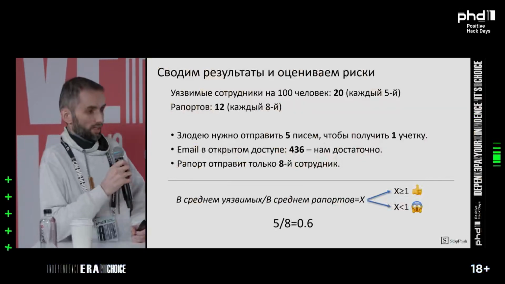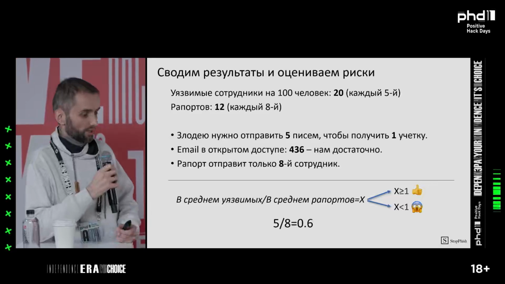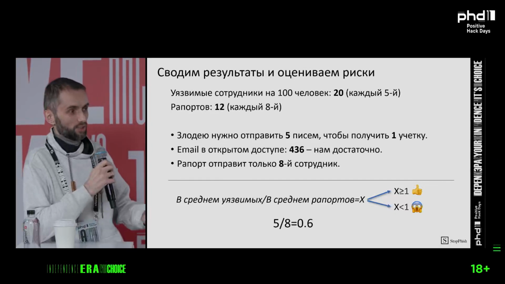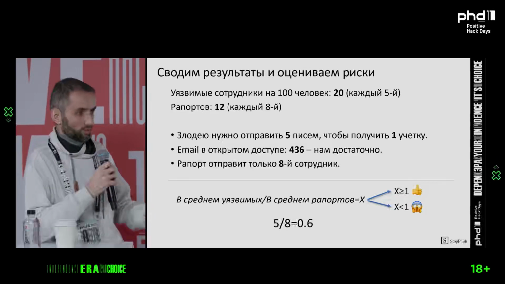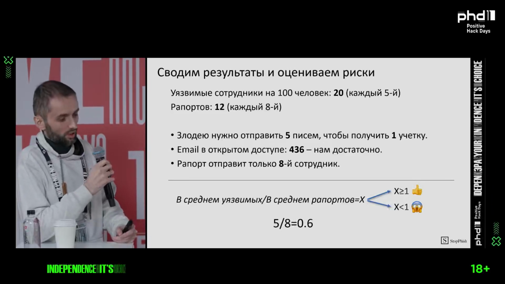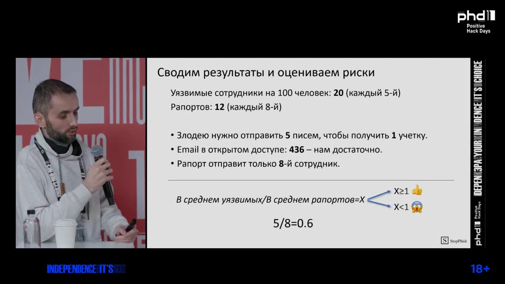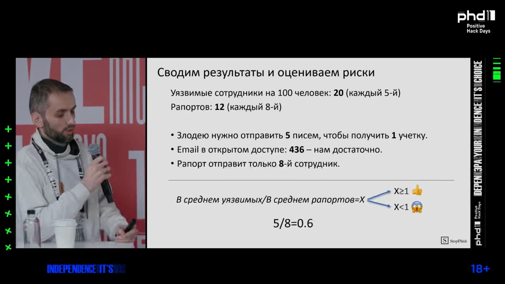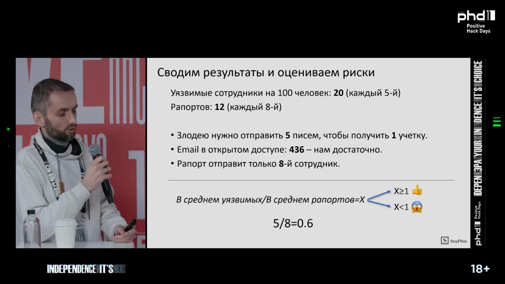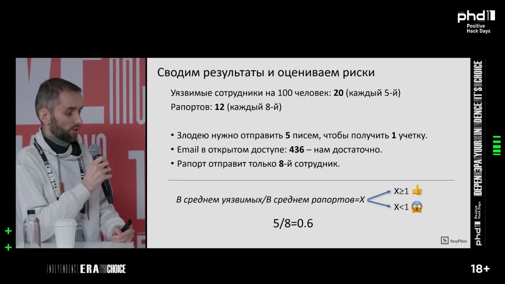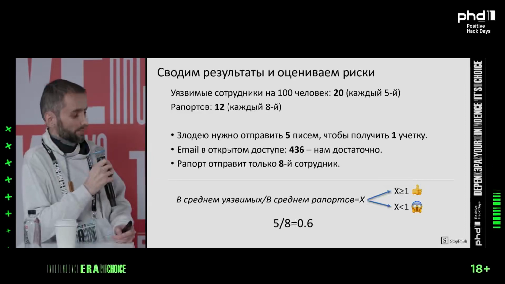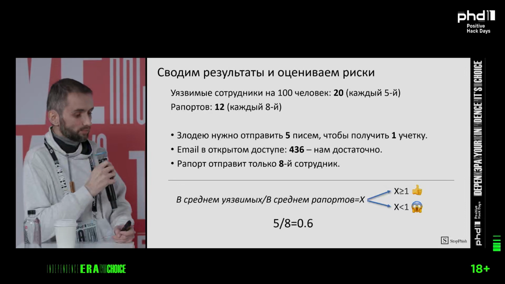The most complex slide is this one. Let's look at the results and assess the risks. We have some metrics and some results to understand how it works. So we have 20 vulnerable employees per 100, and it was described on Habr. So every 5th was leaked. They got 12 reports, every 8th.